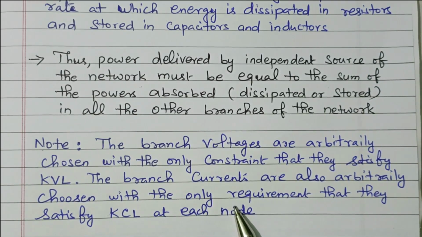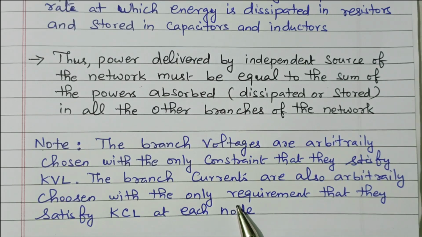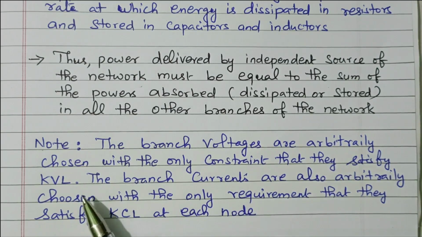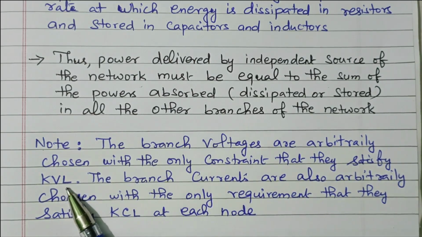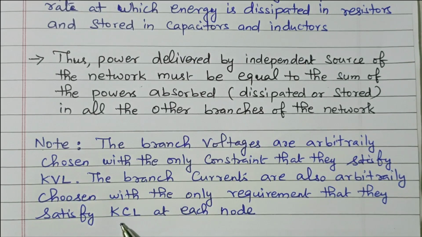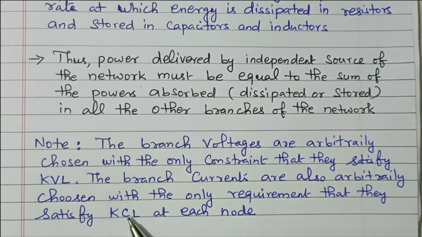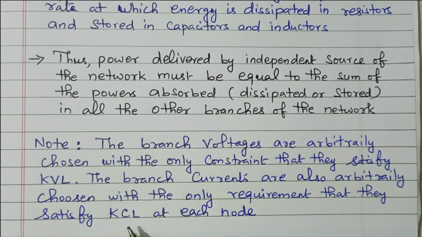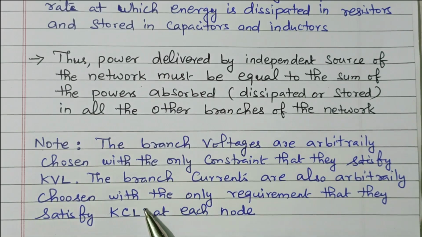So this theorem states that the instantaneous power or complex power is 0 in any network, whether it is time varying or invariant, linear or non-linear, passive or active, provided that the branch voltages satisfy Kirchhoff's voltage law and the currents satisfy Kirchhoff's current law, KCL and KVL. You have to satisfy KVL and KCL, then only this statement is true.